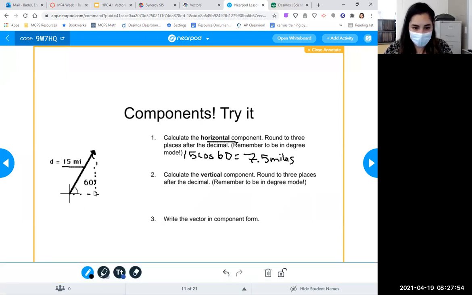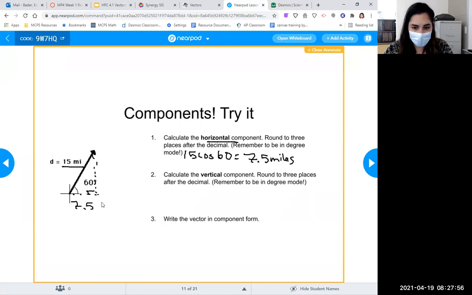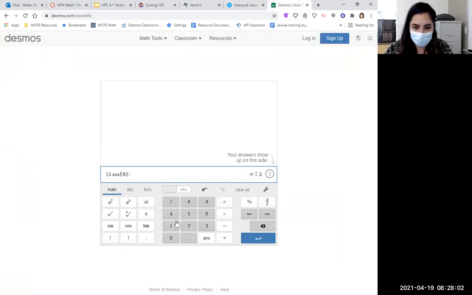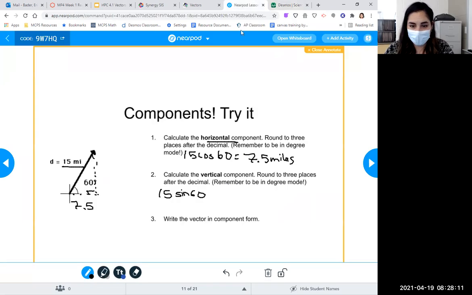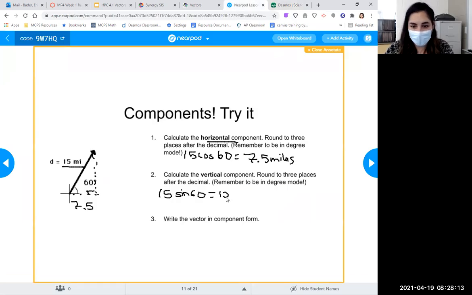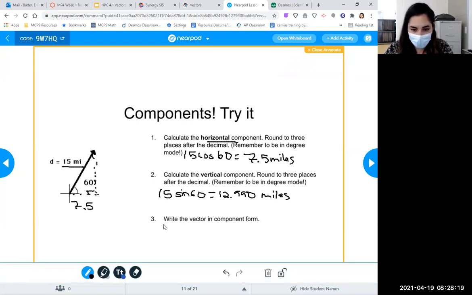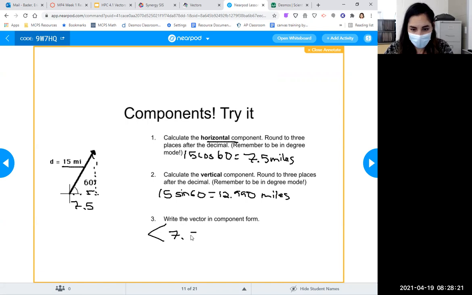Vertical component would be 15 sine 60, which is 12.990 miles. So if we were to write the vector in component form, that would be 7.5, 12.990.